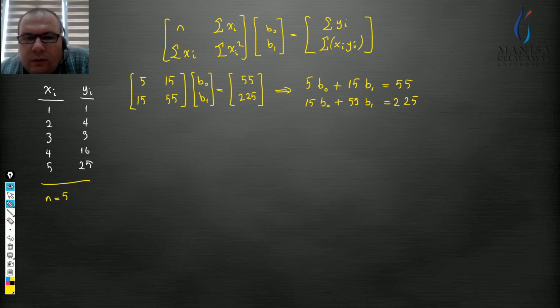Okay, so we can divide these equations by 5 to find a simple equation set. I'm going to use this color now.